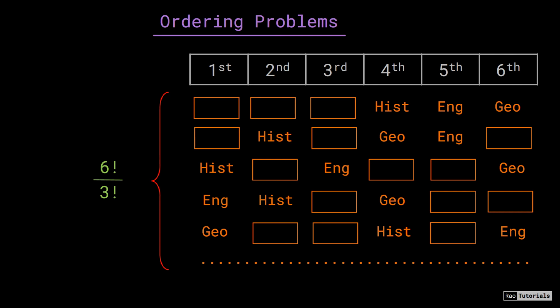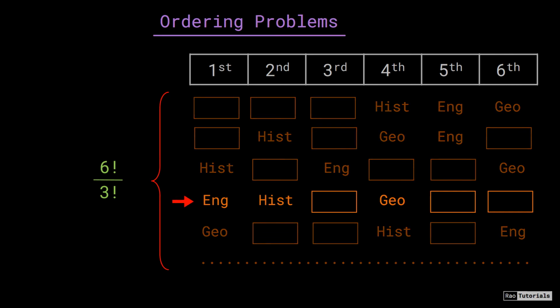Now if we take any one of these routines, say the 4th one, then we have English and history on the 1st and 2nd period, and even though we have a blank on the 3rd period, still there is no confusion about the subject. It cannot be math or chemistry, it has to be physics. Similarly, the next blank of the 5th period has to be chemistry, and the last blank has to be math.